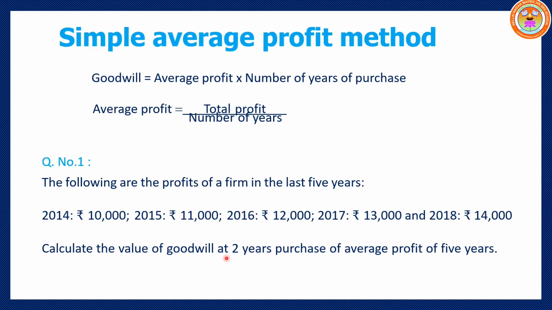Calculate the value of goodwill at 2 years purchase of average profit. Just note it: this number of years of purchase will be used for finding goodwill. Here it is 2 years of purchase of the average profit of these 5 years. So how to calculate the value of goodwill?